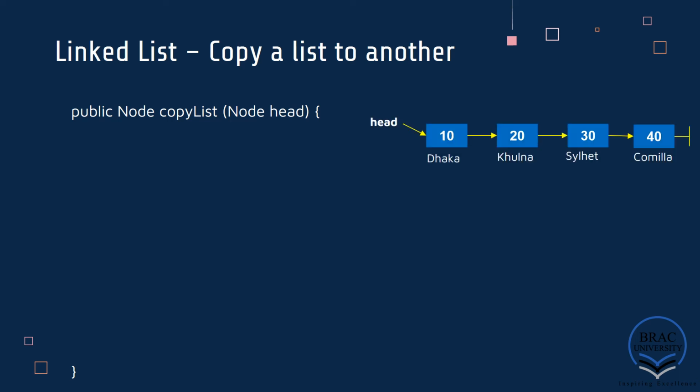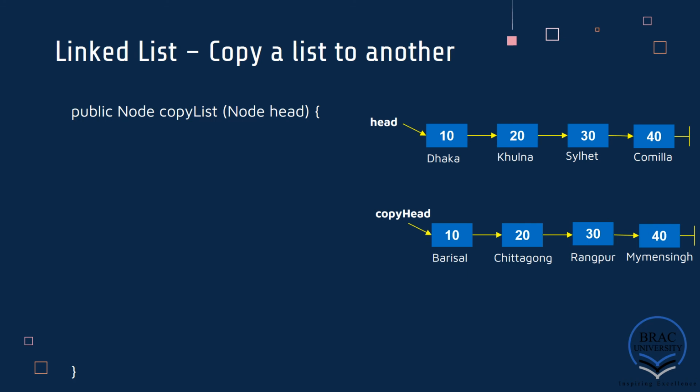Let's look at this code. Consider this is the list that I need to copy. Here I have 10, 20, 30, 40 and corresponding addresses Dhaka, Khulna, Sylhet and Comilla, with the head reference pointing to Dhaka.